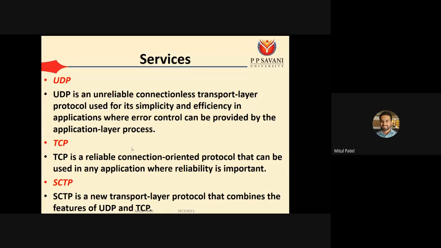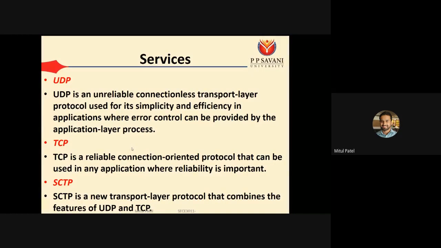Second, it is connectionless, meaning there is no dependency among packets; packets can arrive out of order at the receiving side. It is unreliable as well as connectionless, but it is used for its simplicity and efficiency in applications where error control can be provided by the application layer process.